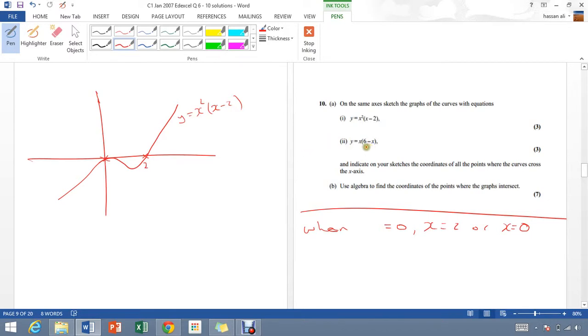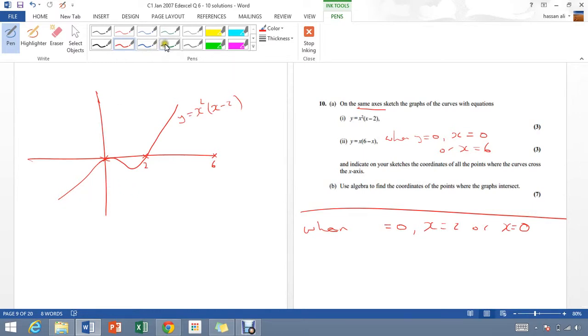Right, the next one is saying on the same axis, so make sure you read that, y equals x times (6 minus x). So now over here, when y is 0, x will equal 0, or x will equal 6. So again, you have the same point there, and x will equal, let's call that 6 over there. So it looks like you'll be going across here, touching this one here.